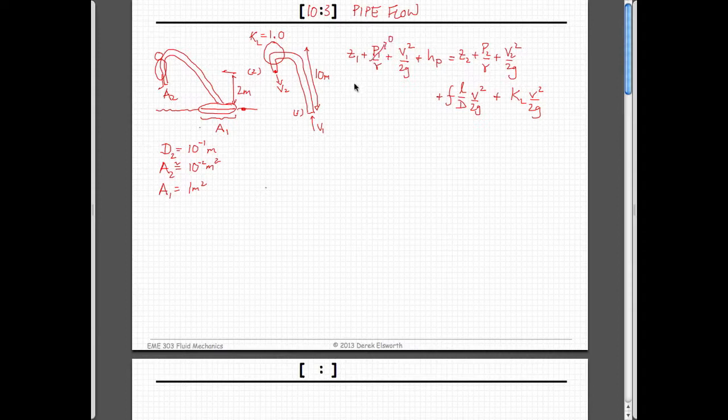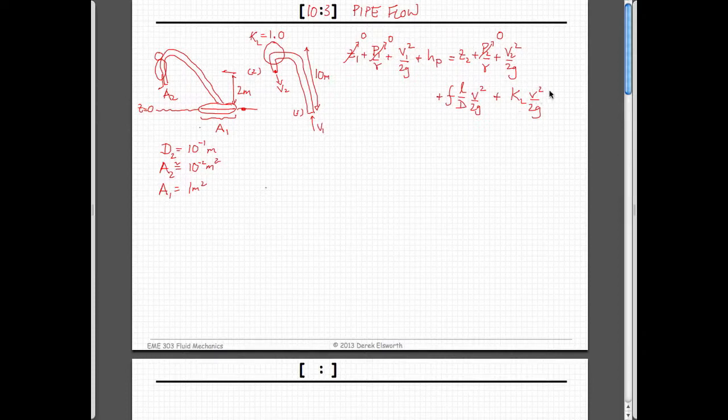So let's get rid of this. The fluid coming out of here is also coming into the atmosphere, pretty much at atmospheric pressure as well. So let's get rid of that. If we take our datum as z equals 0 here, then this one is equal to 0.